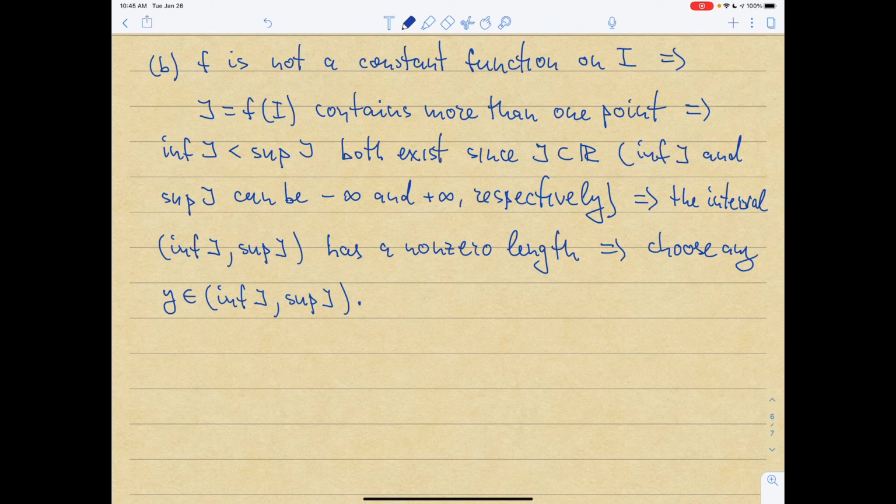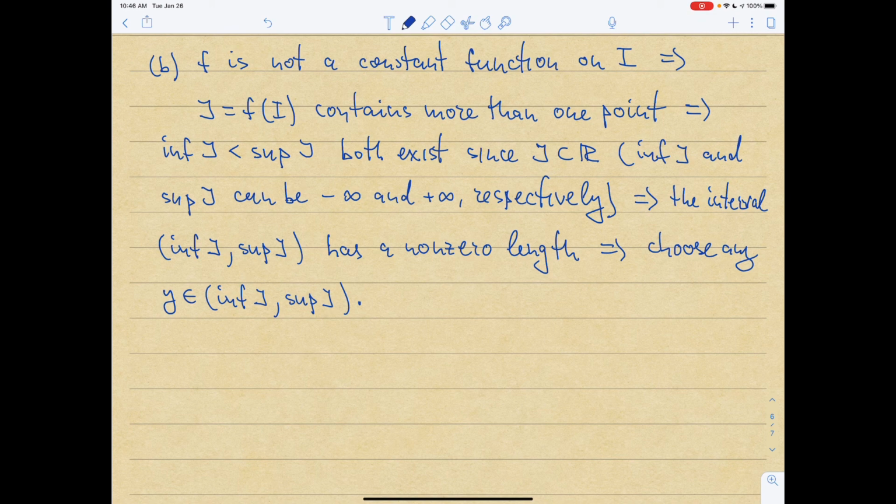That if you have a closed interval from a to b, then if you pick any value between f of a and f of b, then there must be a value of x inside [a, b], where the function will attain the value of y. And this is sort of the same here. y belongs to the interval between what looks like the smallest value of the function on I and the largest value of the function on I.